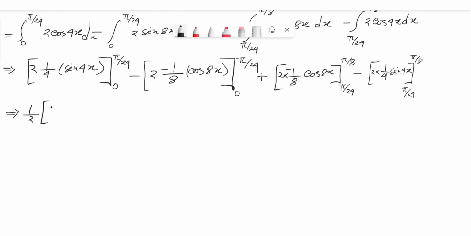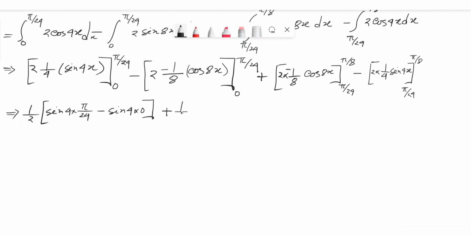So from the upper limit we will have sine 4 into pi by 24 minus sine 4 into 0, minus from this one we can write this part from 0. We can write this minus, we can multiply this minus, and from this one it will give us plus, and we cancel this one with 8.